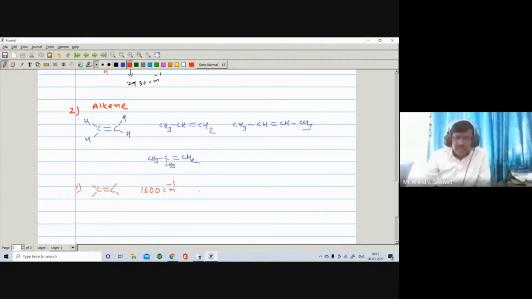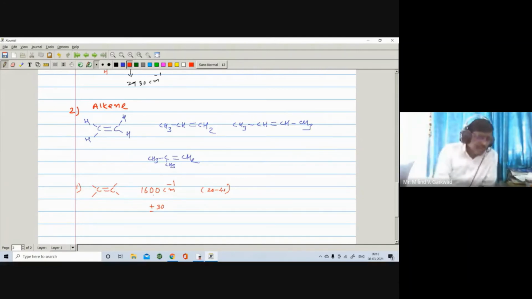We can write plus minus 20 to 40, so it may appear at 1580, 1560, maybe at 1620, 1640, 1650, like this. For that I have given only one value, 1600.